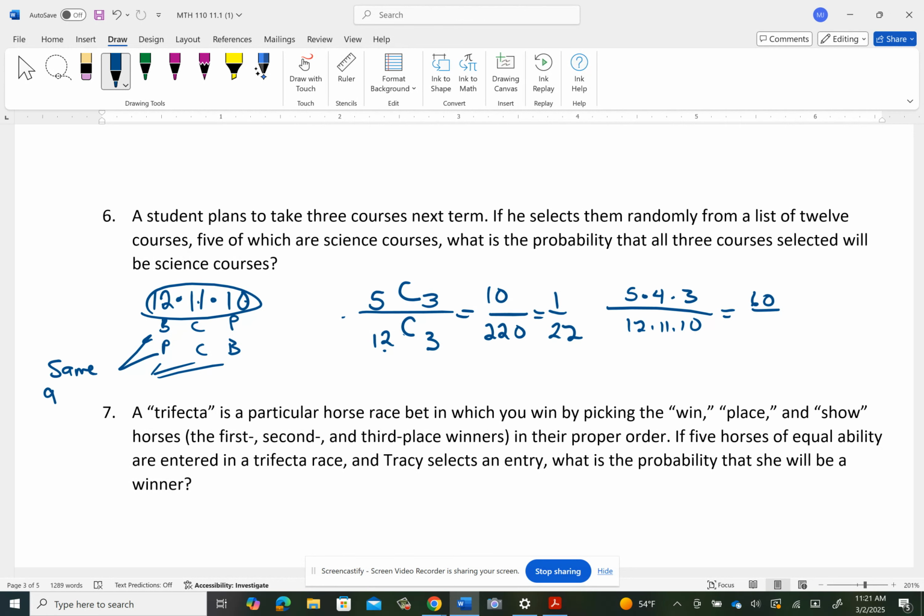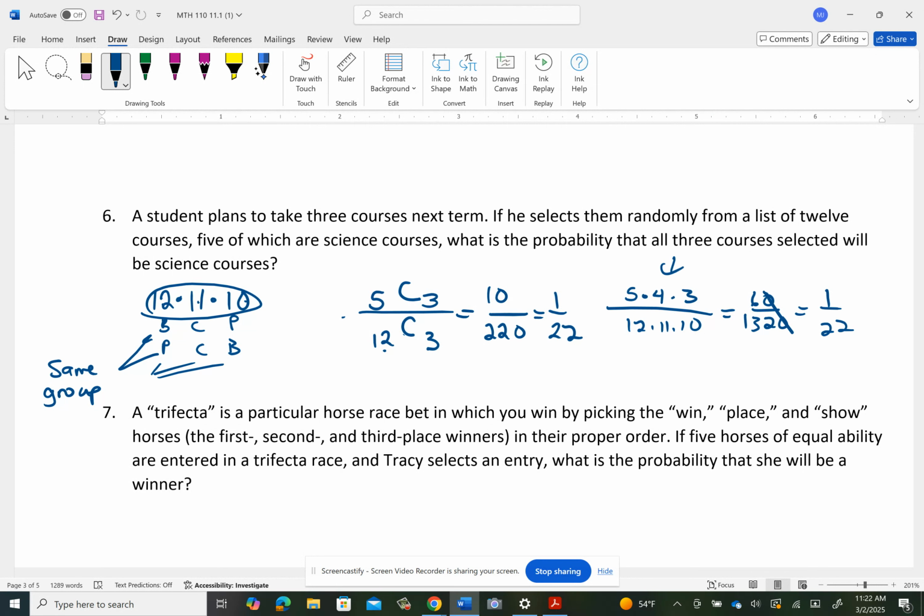That's why the C would feel more appropriate. But if I had done it like this right here, then when I do that, it winds up reducing to be the same thing anyway, in this case, right? Because we wind up getting 1 out of 22 on that one.